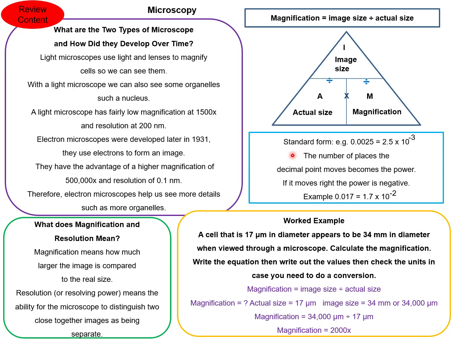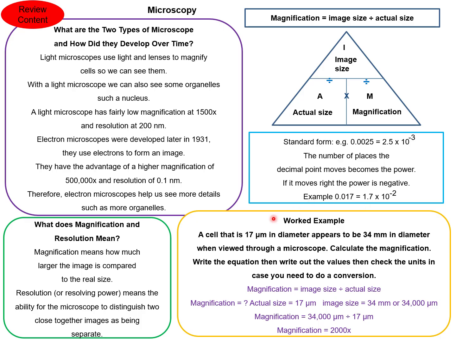So the number of places the decimal point moves becomes the power, and if the decimal point moves right, then the power is negative. So here's another example, 0.017 equals 1.7 times 10 to the minus 2. So that first number has to be between 1 and 10, but less than 10.